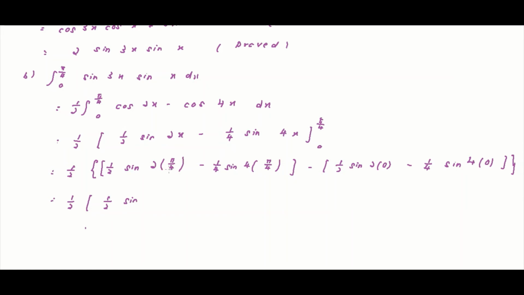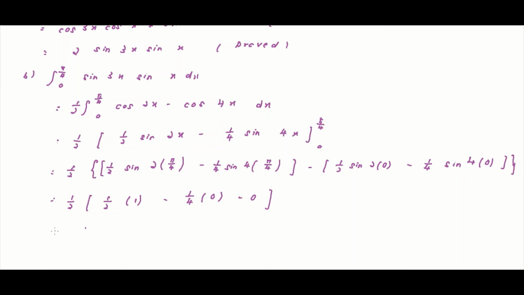Sine 90 gives you 1, so you are left with a 1 here. Minus 1 over 4 sine pi, meaning sine 180, you will get 0. For the whole part here, because sine 0 gives you 0, you are not left with anything there. So minus 0.